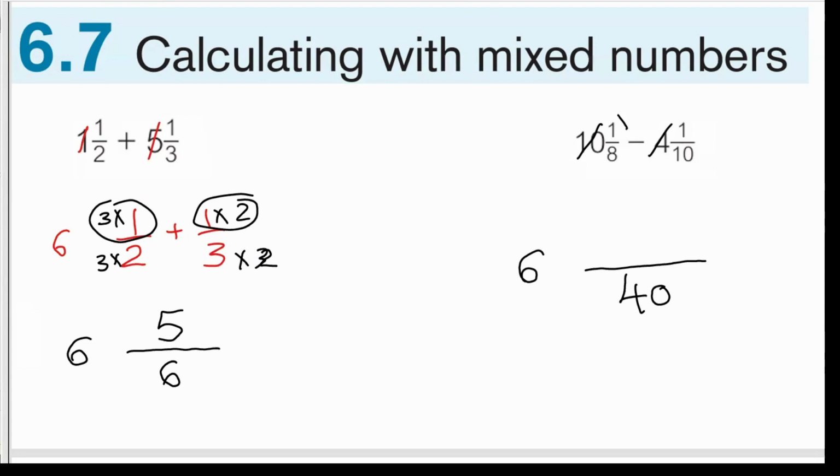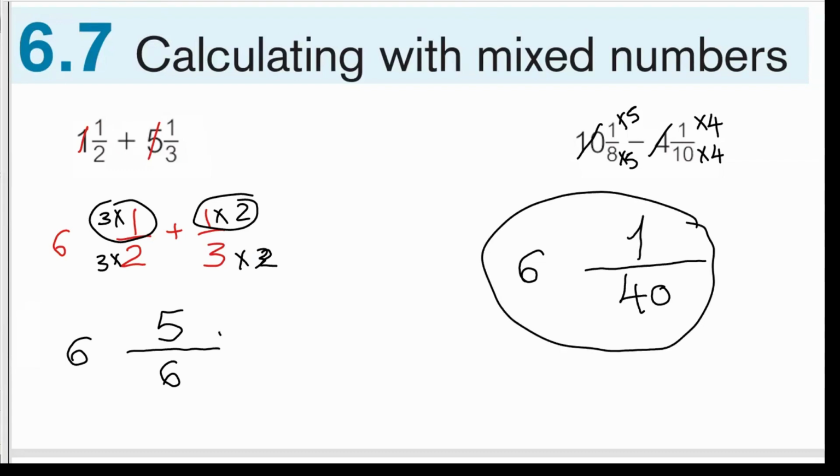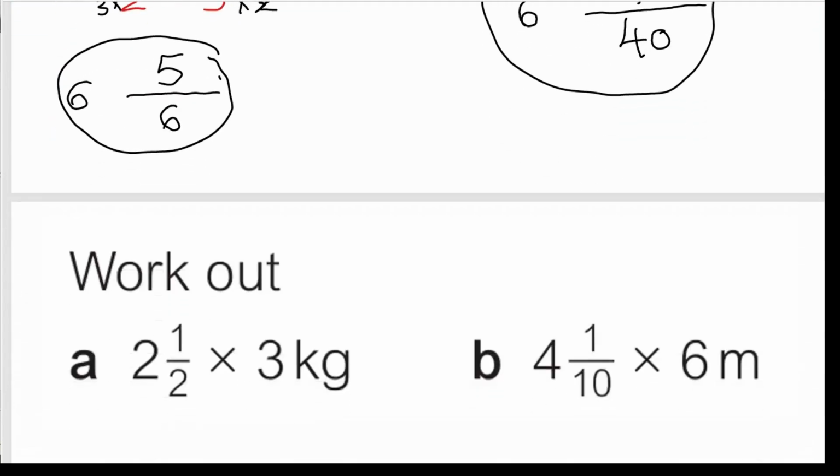So you need to multiply here by 5 and here by 4. So you have 5 minus 4. So 5 minus 4 will be 1. So your mixed number will be 1 over 40. And do not forget the whole number to the side.